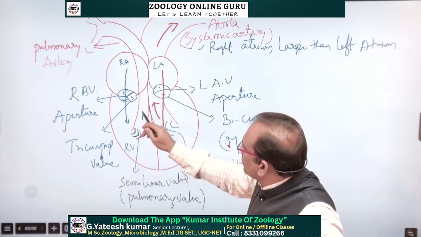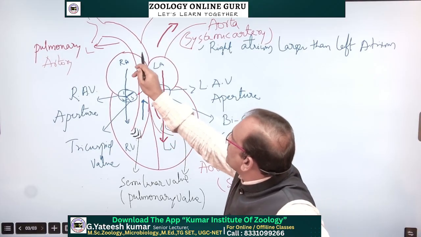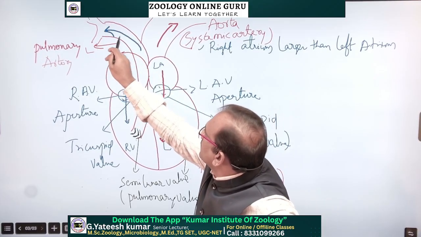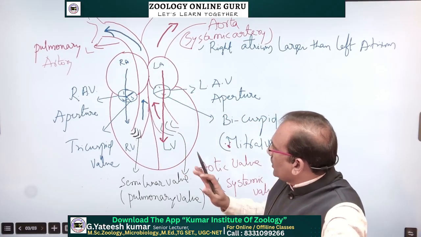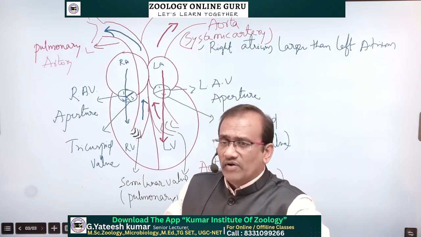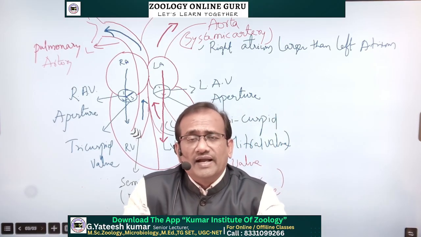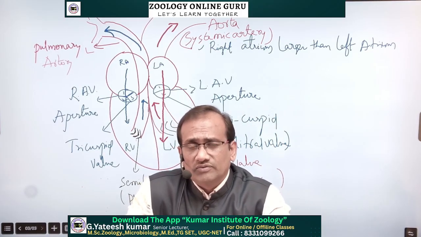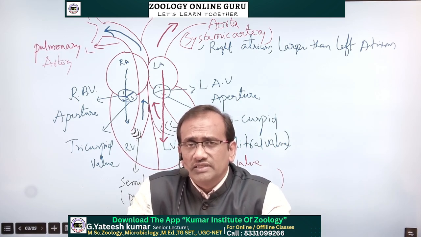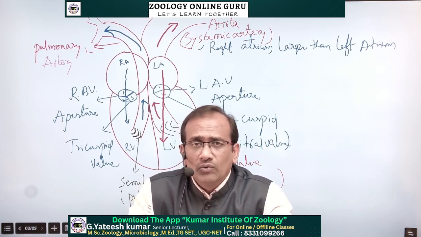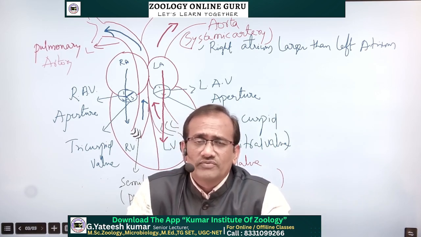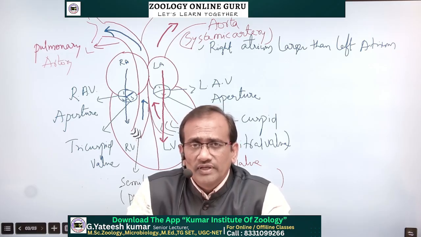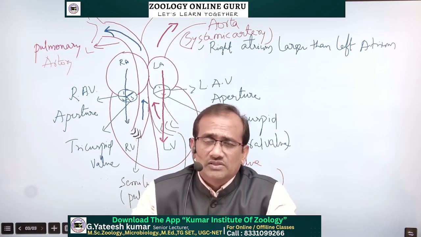And here also blood enters in this way, and backflow is absent. So whatever valves are present inside the heart, they allow only one way flow of the blood, and backflow they avoid. So this is about the valves in the heart.